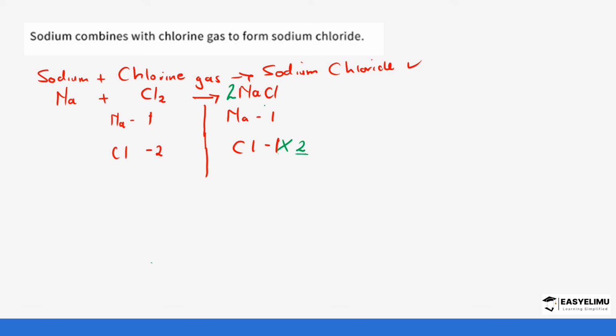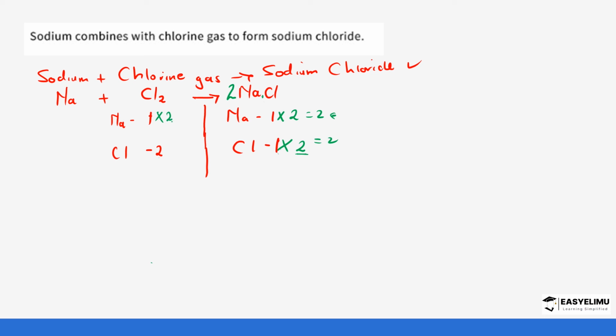But the moment we do this, it does affect the amount of sodium atoms in this compound. We had a 1 here initially, but this 2 multiplies with 1, so the total sodium atoms we have now are 2. So we need to balance the other side as well, which was initially 1. To make the 1 sodium on the reactants to be 2, we also have to multiply by 2.